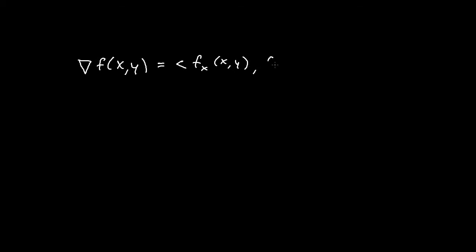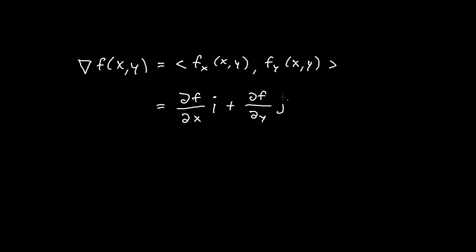And the y component is going to be f sub y, or the partial derivative of f with respect to y. And so it can also be written in this form here, partial derivative of f with respect to x times i, plus the partial derivative of f with respect to y times j, because i is associated with the x component, j is associated once again with the y component.